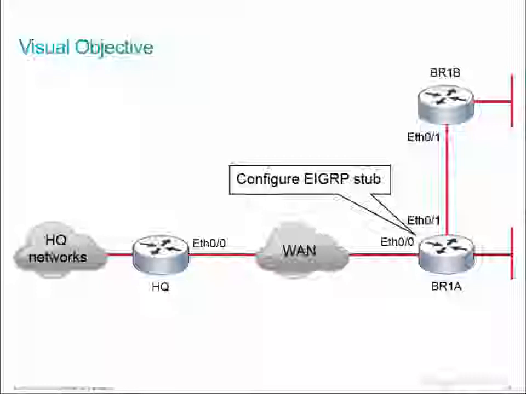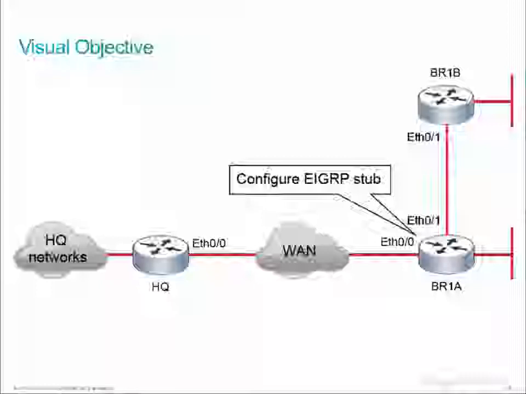First of all, BR1A is going to be our stub router. But what's happening behind BR1A is pretty important to understand in order to gauge what's happening in this network altogether. All routers are already configured with EIGRP.